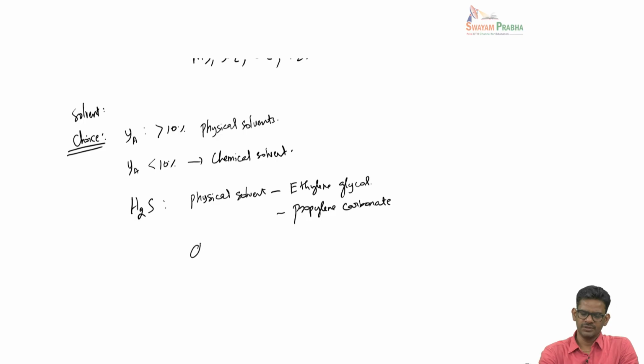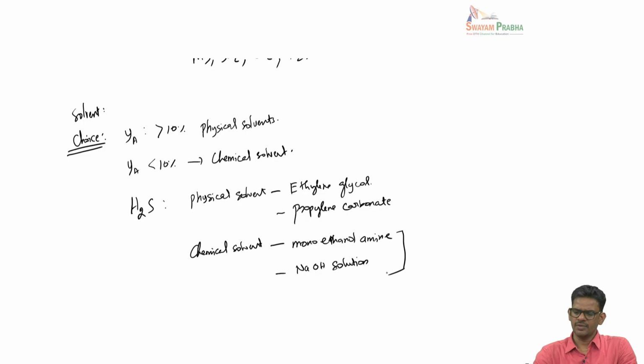Whereas if you want to do it chemically, the chemical solvent examples can be monoethanolamine or NaOH aqueous solution. So these solvents will chemically absorb the gas H2S, whereas the physical solvents will simply dissolve the gas into the liquid.